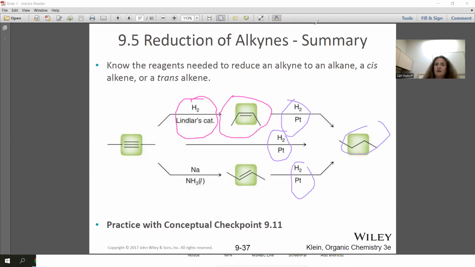If you want the trans alkene, you add your sodium and liquid ammonia. So from this one starting material, you can add hydrogen 3 different ways, and you can have 3 different products.